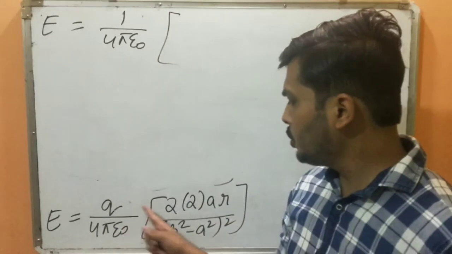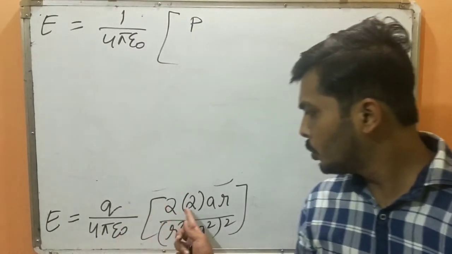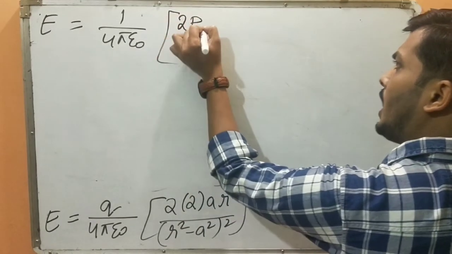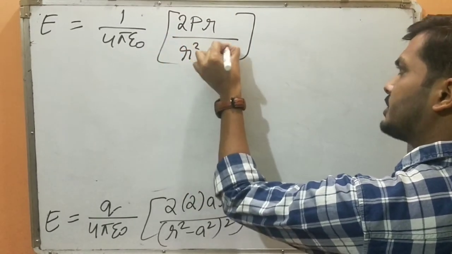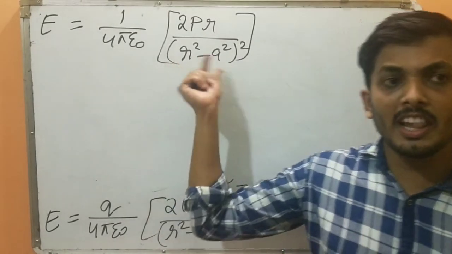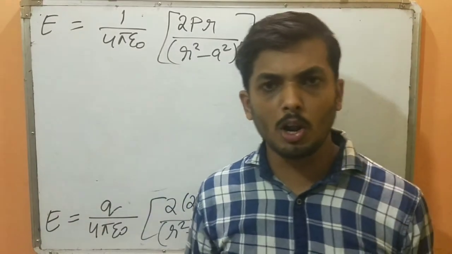So shall I write q2a as p? See here students, q2a. So you are left with what? 2 and r. So that is 2 and r. And what is this? r square minus a square, the whole square. So this is the expression for electric field due to the dipole along the axial line.